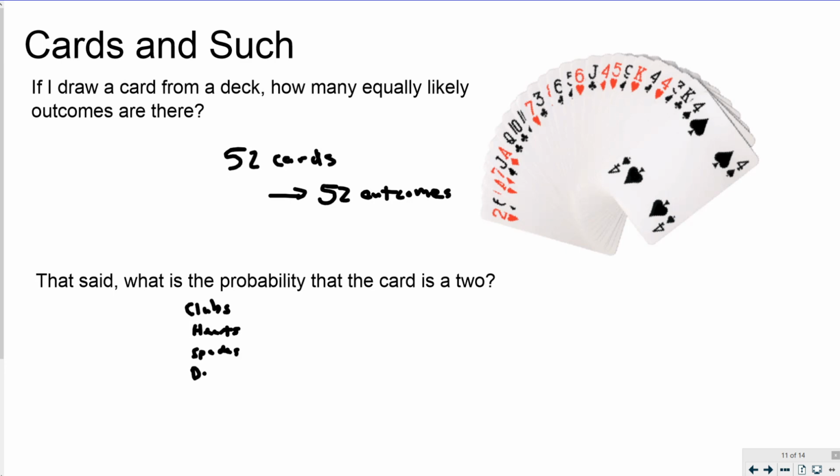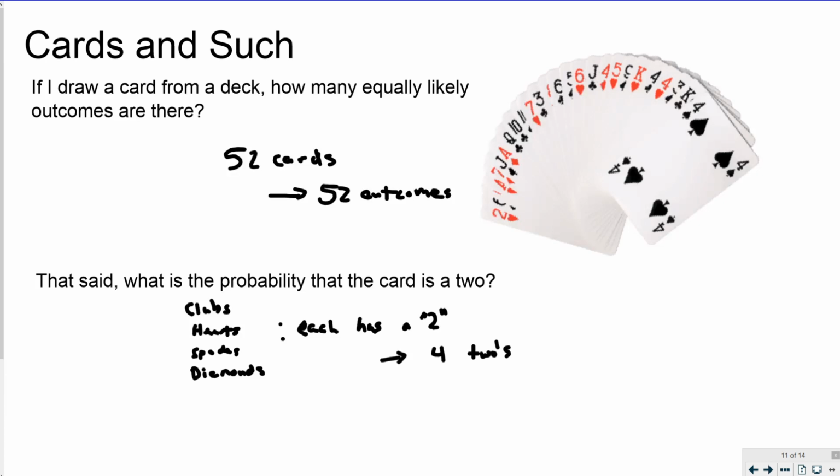And the thing about all of these suits is each one has a 2, which implies there are 4 2s in the deck.